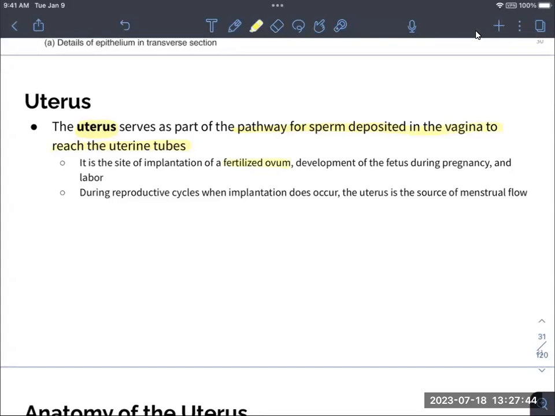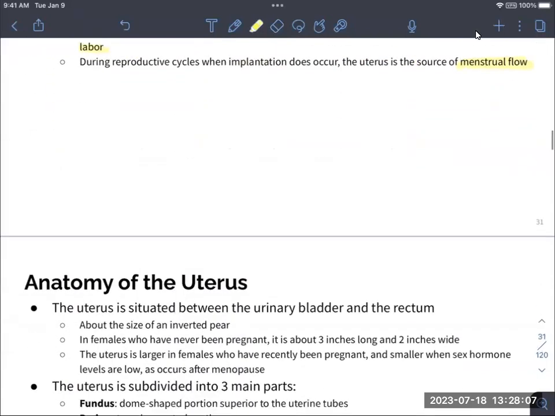It's where that fetus is going to develop during pregnancy. Labor occurs at the uterus. If implantation occurs, pregnancy happens. If implantation does not happen, that uterus is the source of that menstrual flow.